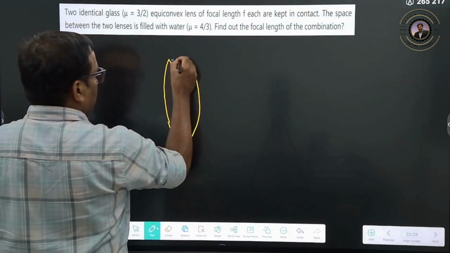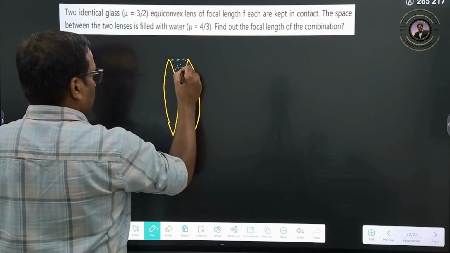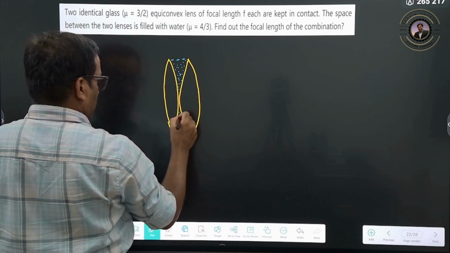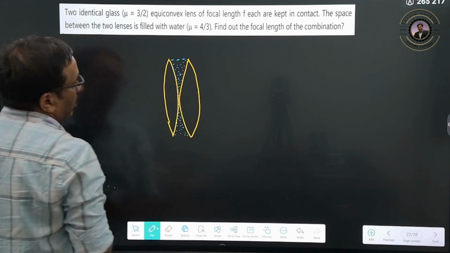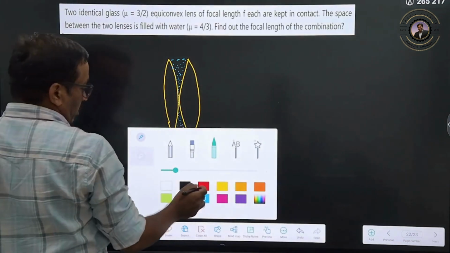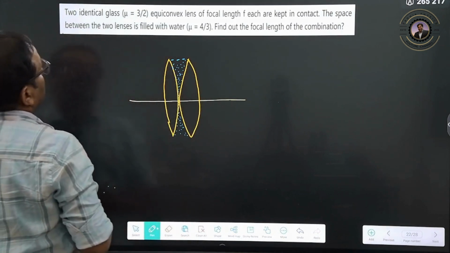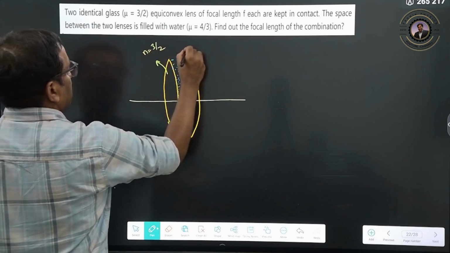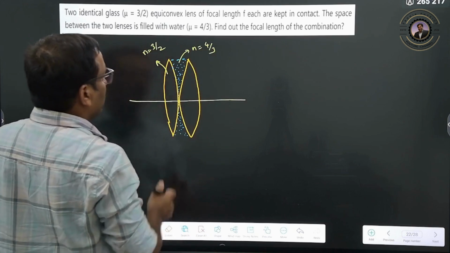Therefore here a liquid is kept in between. Now we want to calculate the focal length of this combination. This is made of refractive index 3 by 2, and this refractive index is 4 by 3. So first, he did not give any radius of curvature.